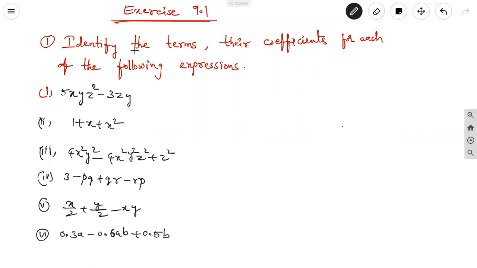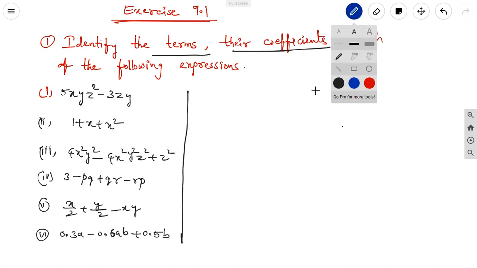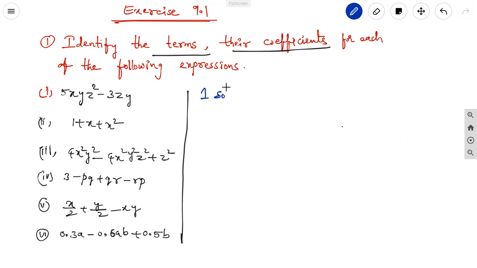Exercise 9.1, identify the terms and their coefficients for each of the following expressions. The first question, 5xyz square minus 3zy.